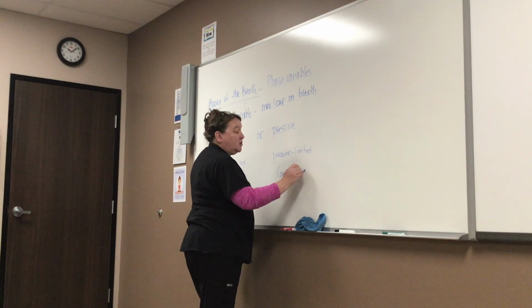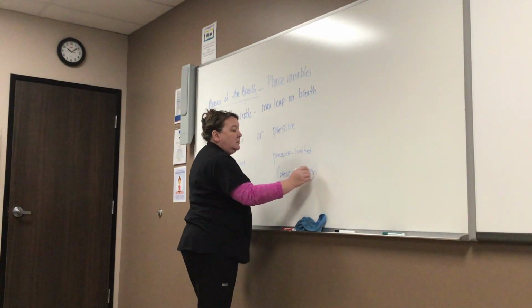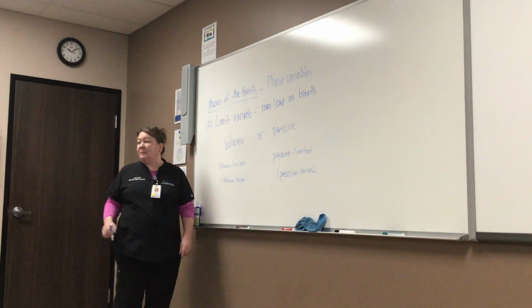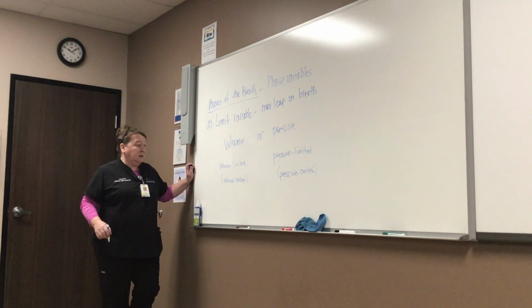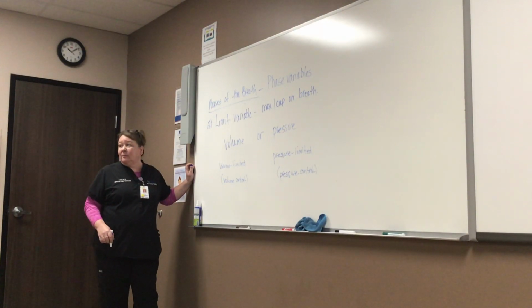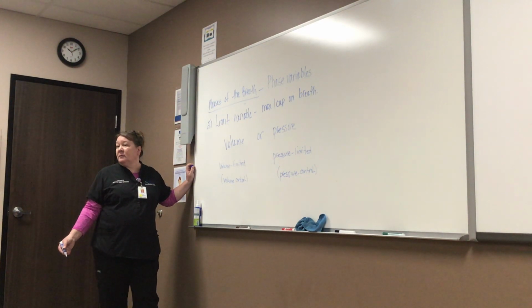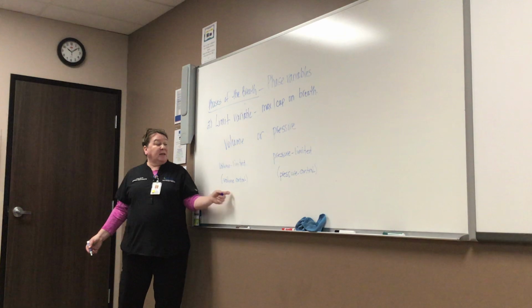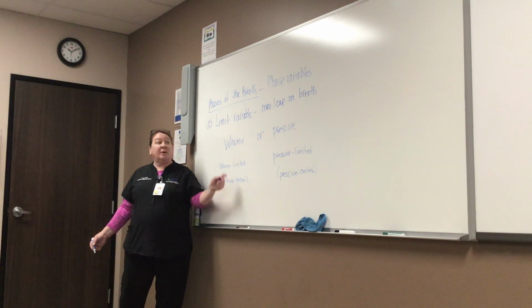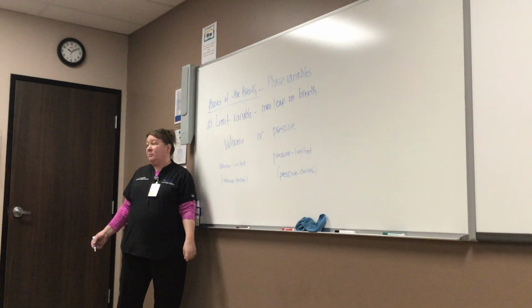So these are interchangeable. So you might see a question that says your ventilator is in a volume limited mode. It's just saying volume control, you guys. It's no different. So volume, we're saying don't go above a certain volume during the breath. So pressure, we're saying don't go above a certain pressure.